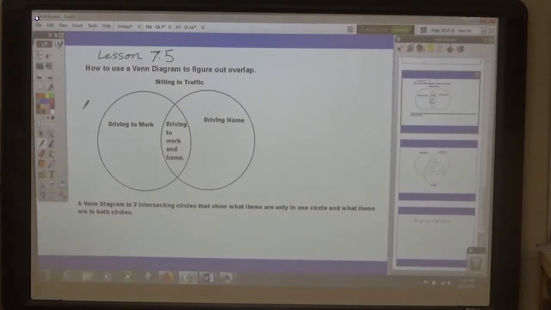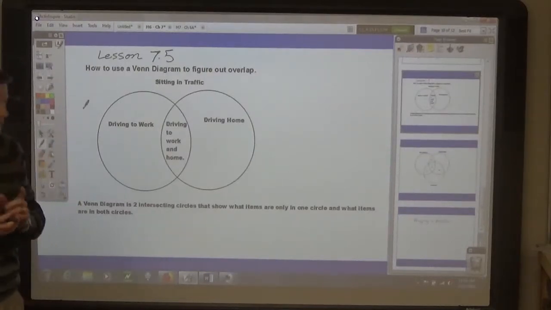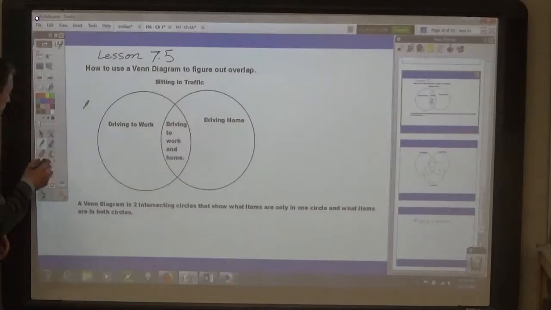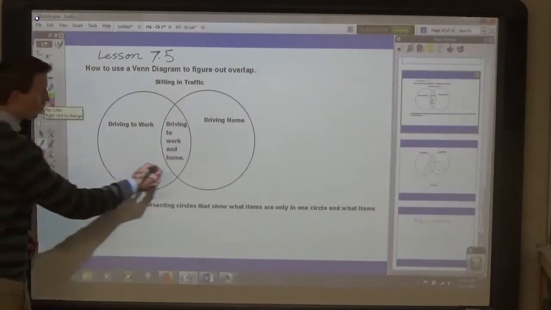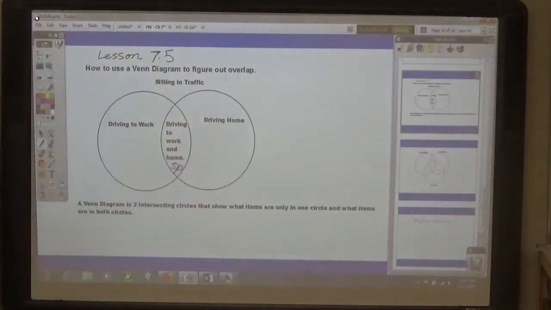So, two of the numbers describe a total of who does what, and one of them says that they sit in traffic both ways. So we'll put the first one in. 50 of them sit in traffic going both ways, it says.